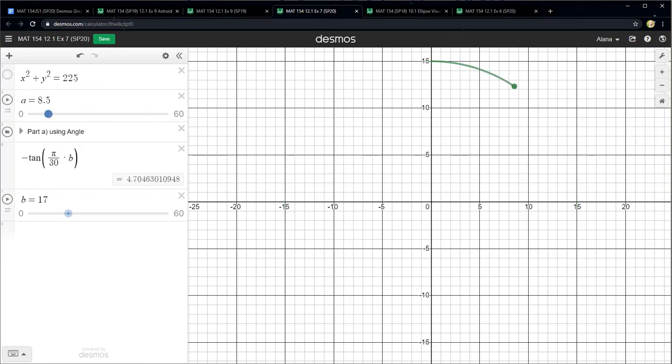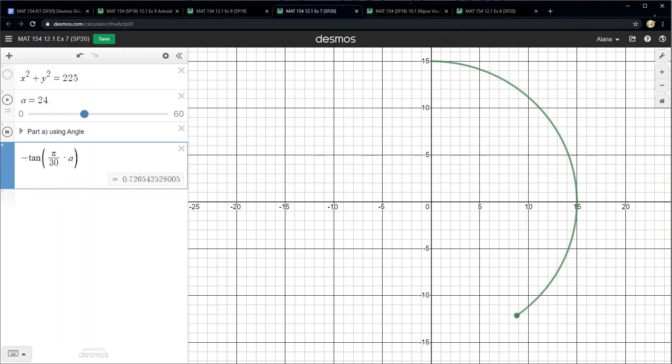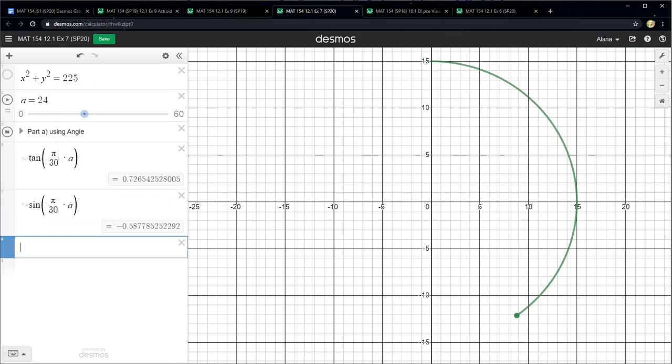All right, because why? Actually, I don't need b. I can just use a. It just occurred to me I can just do it this way. So in this quadrant down here, see how the tangent's positive? Why is that the case? Well, because of the negative sine of pi t, and then the cosine, right?